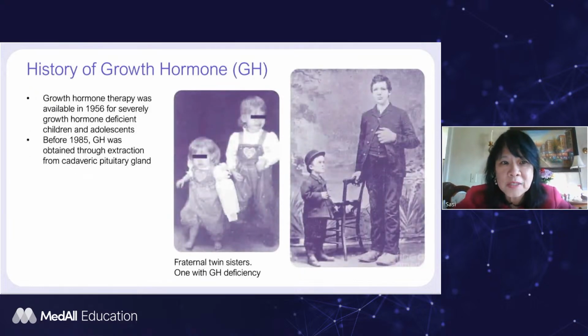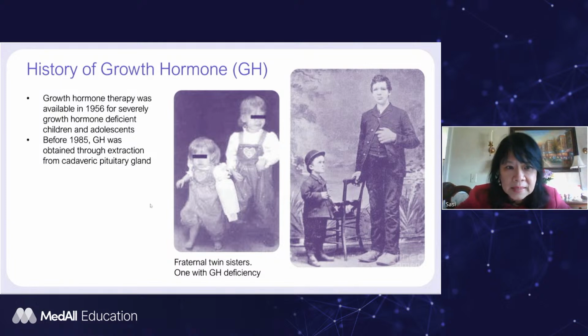So I like to mention the history of growth hormone therapy, because this has been a success story of how we can develop growth hormone to help patients with growth hormone deficiency. You can see in the historical photo here on the right that without treatment, the patients stay very short, very small.